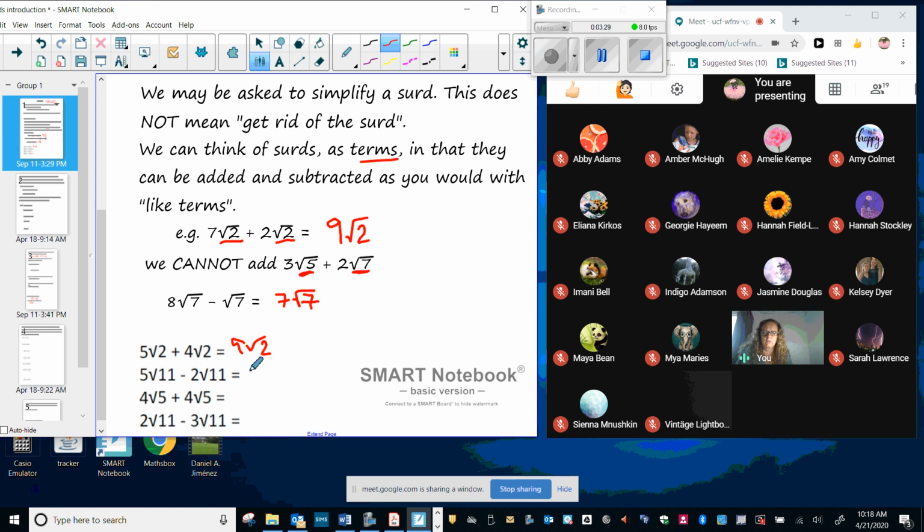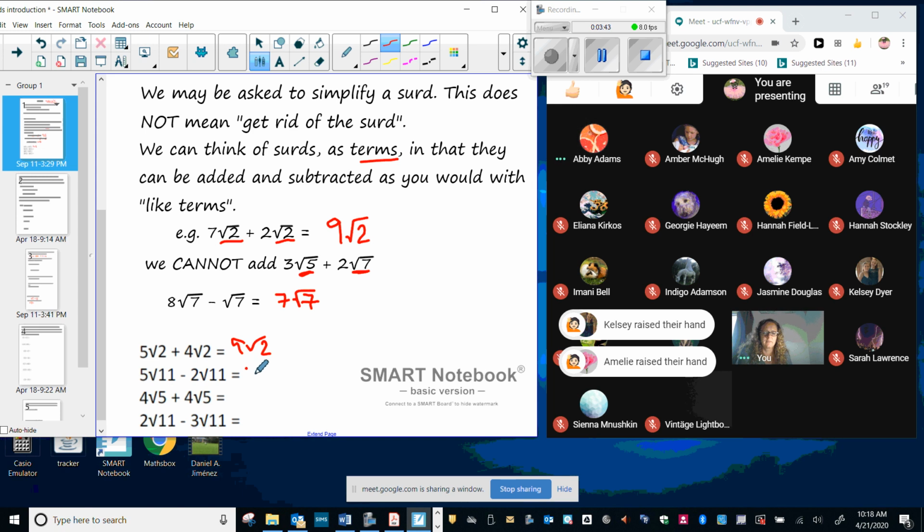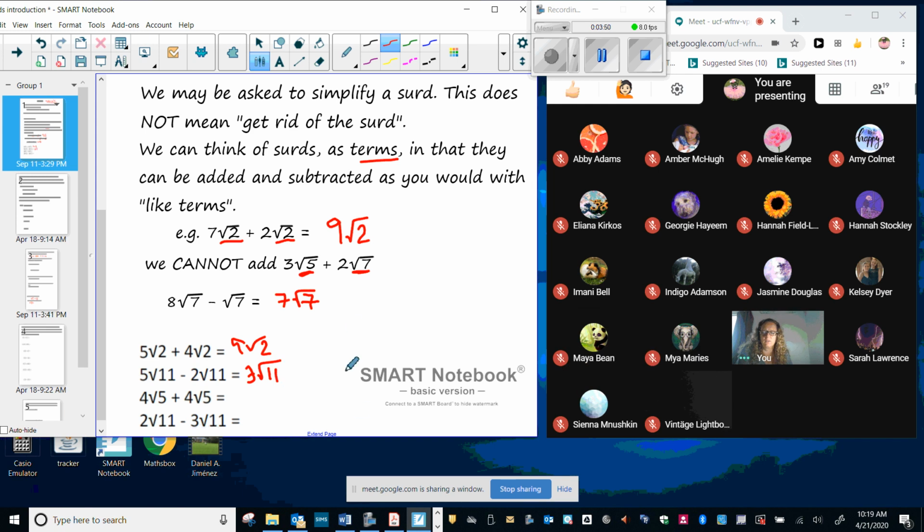You've got 5 √11, take away 2 √11. 3 √11? Yeah, exactly. Have a bit more confidence. You've got the right answer. Give it a stab if not.